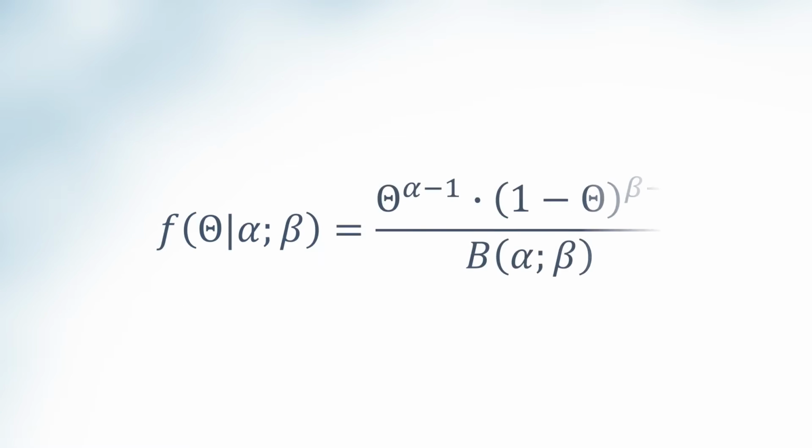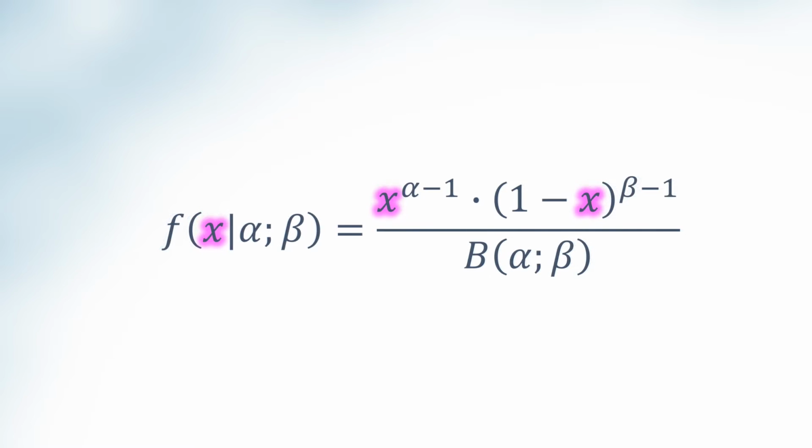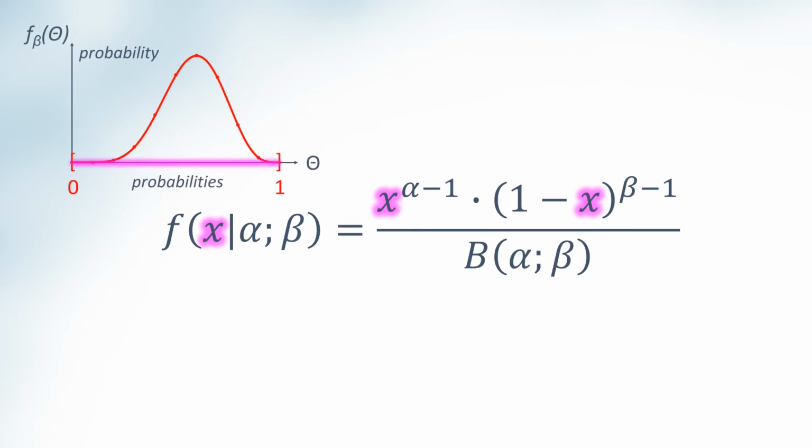In the formula, I've kept theta as argument to remind us that the acceptance probability is the independent variable, and we want to calculate how likely each acceptance probability is. However, in statistics books, you'll find the theta replaced with an x, as in all other distribution models. But regardless, it still refers to the domain of definition from the horizontal axis of this chart.